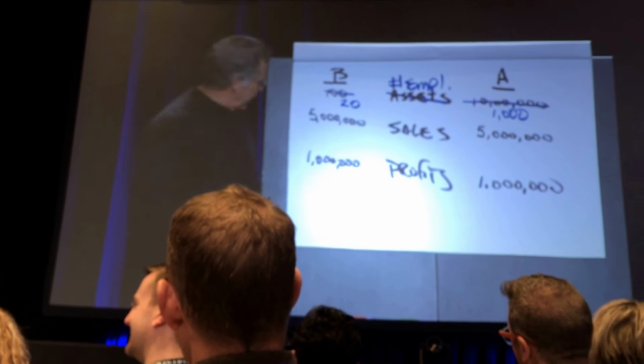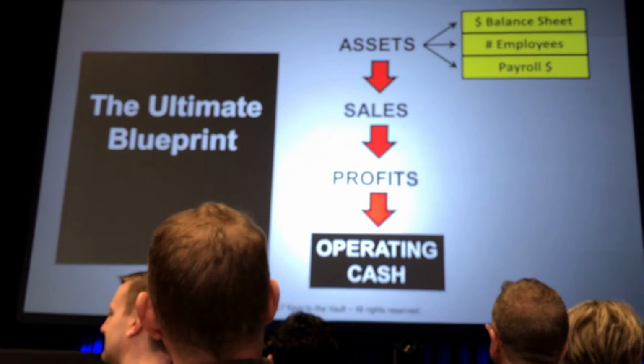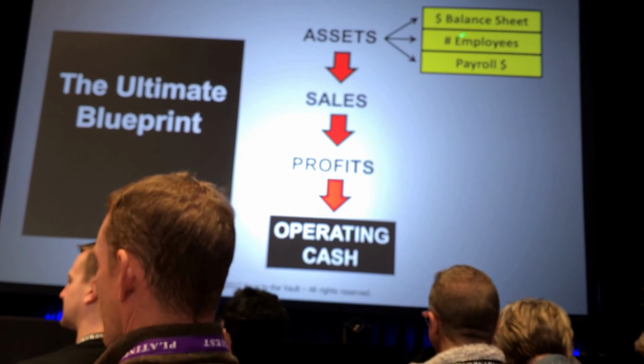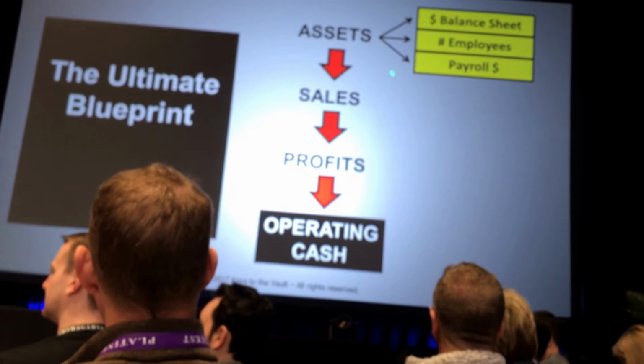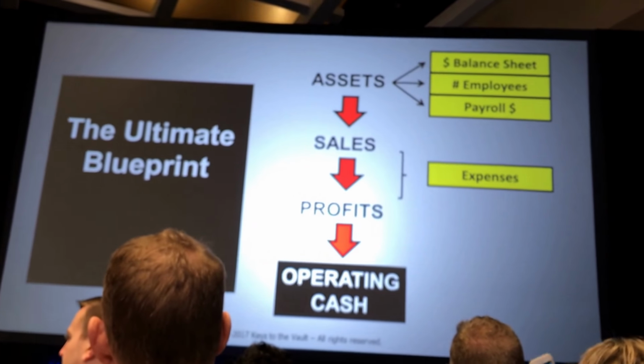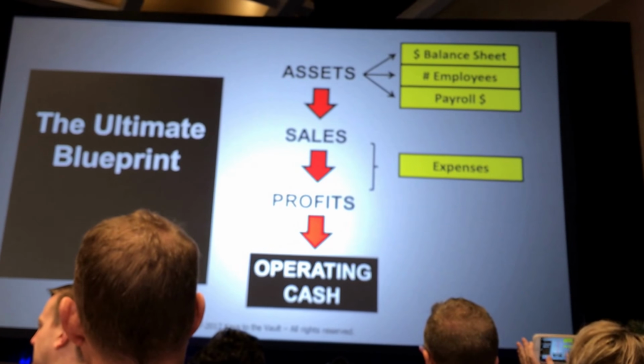What we want to do is minimize the assets that it takes to produce a dollar's worth of revenue. So watch this. Assets are there to produce revenue, and revenue and sales is there to produce profits, and the difference between sales and profits is expenses.